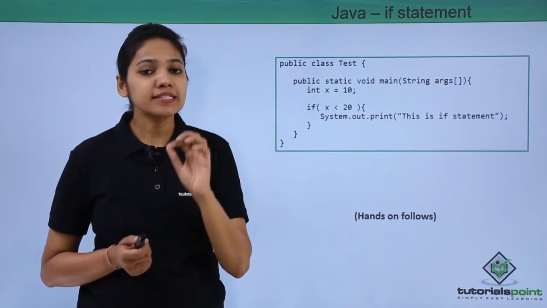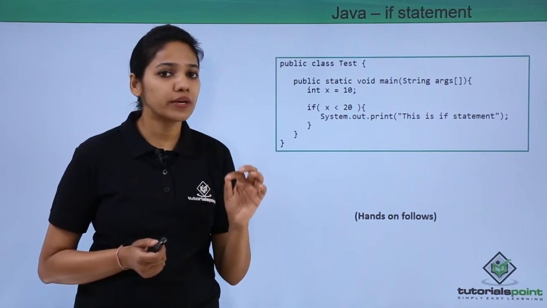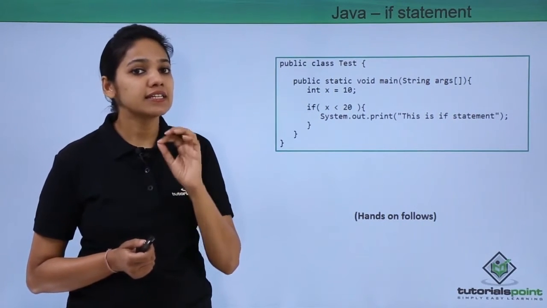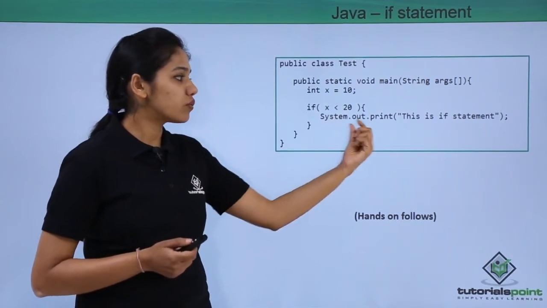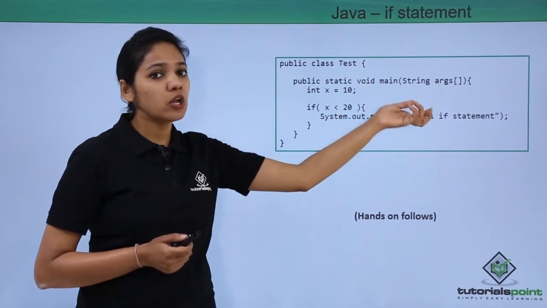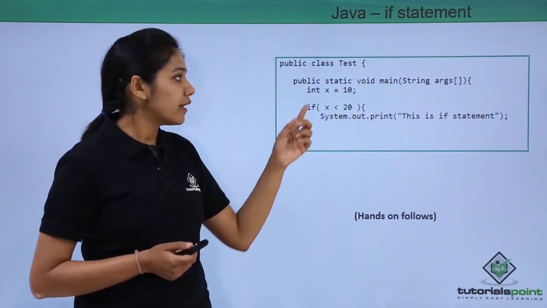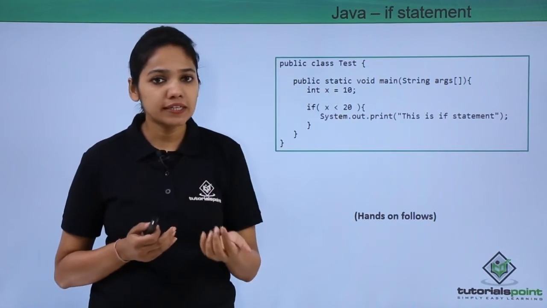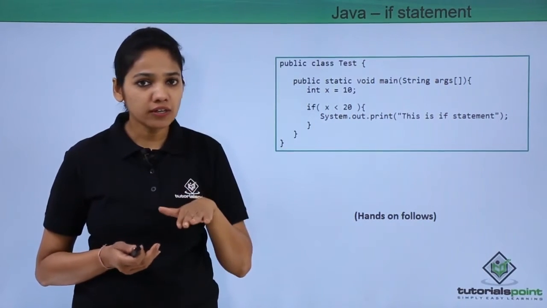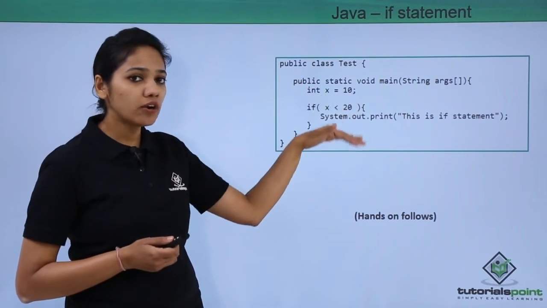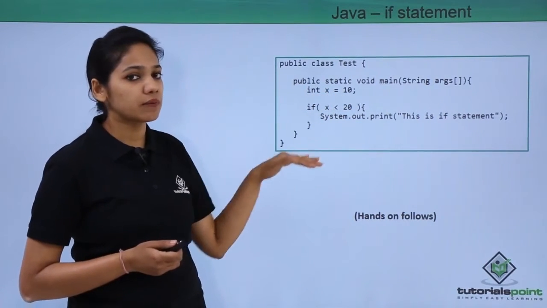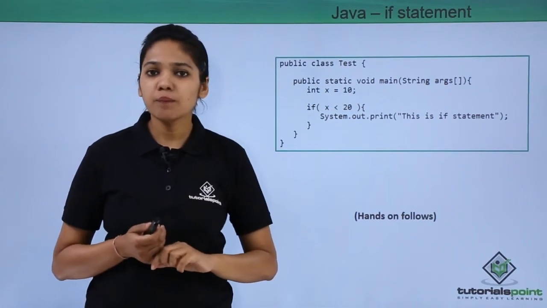Is x, which is 10, less than 20? Yes, so it will go and print the statement or the block of statements that you write under the if condition. If the value of x had been 30, that is, 30 is not less than 20, it would not have executed this block of statements and would have terminated the program.